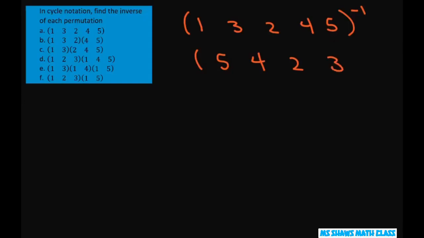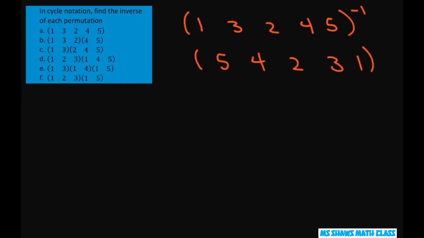So the first one, basically, all you're going to do is write (1 3 2 4 5), and we want to find the inverse. So that means you just reverse the order. So that's going to be (5 4 2 3 1).